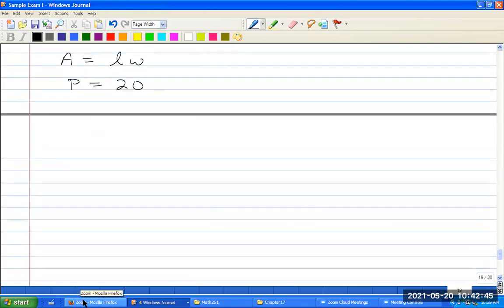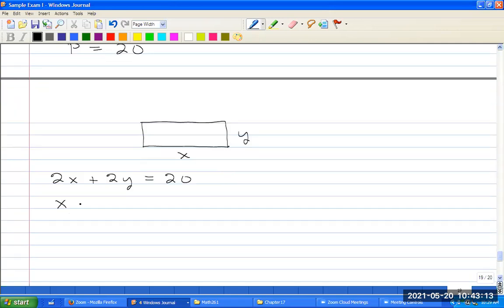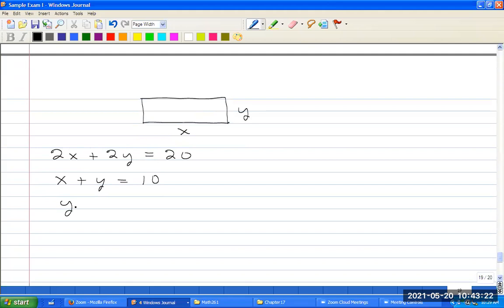Let's say that one of the sides is X and the other one is Y. So that says that 2X plus 2Y is 20. Therefore, X plus Y is 10, dividing every term by 2. Subtracting X from both sides of my equation, you get that Y is equal to 10 minus X.